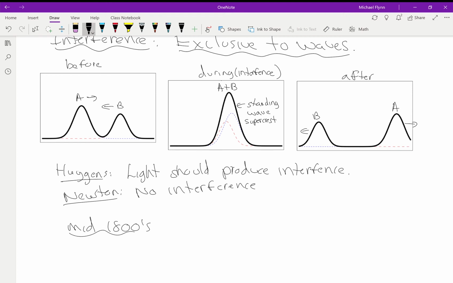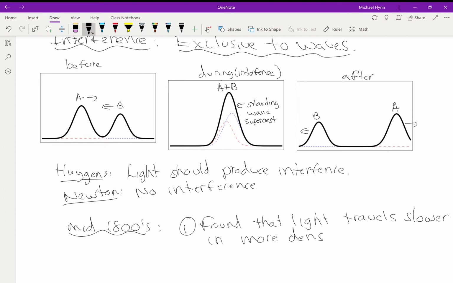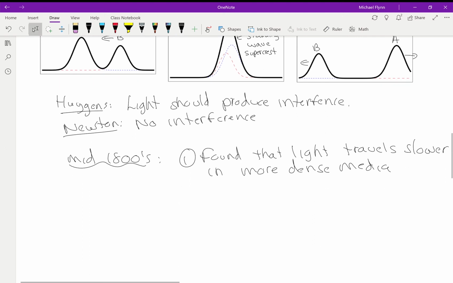So let's fast forward to the mid 1800s. Two things happened. One, they found that light travels slower in more dense media. So score one for Huygens, right?